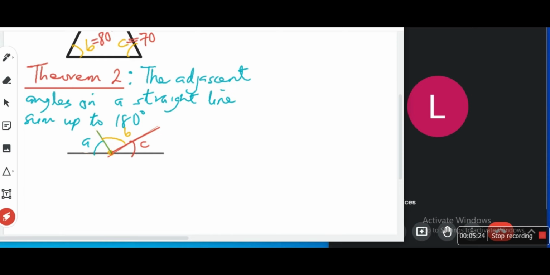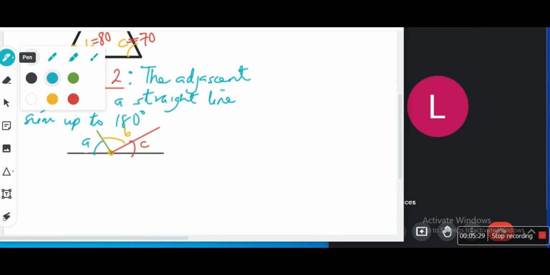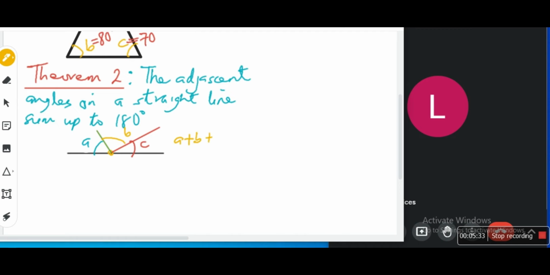These all meeting at a point, forming angle A, angle B, and angle C. So A plus B plus C must give you 180. In that case, if we know A and B, for instance, we can easily get C, whether they are two angles on the same point or three angles. When you add the angles, it will give you 180, or four angles, or how many angles. So long as they are meeting at this point on a straight line, they will add up to 180.